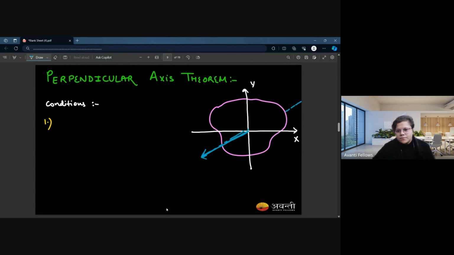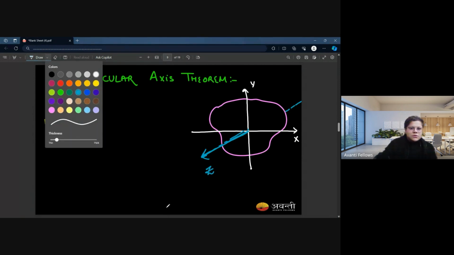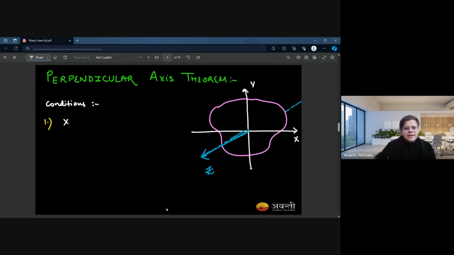That is the point. So x-axis and y-axis should lie in the plane of the body. The two axes must lie in the plane of the body.